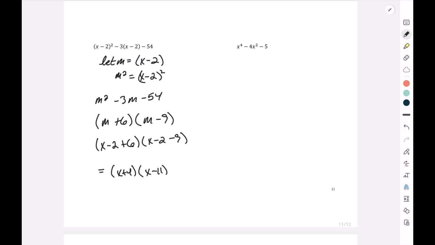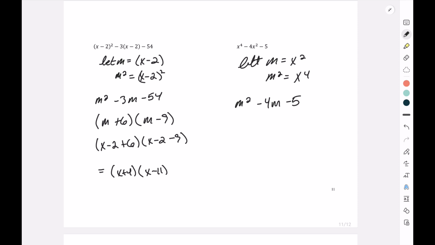So next we're given x to the 4th minus 4x squared minus 5. And so we could let m equal x squared, and so m squared would equal x to the 4th. If we look at replacing those values, we would have m squared minus 4m minus 5.